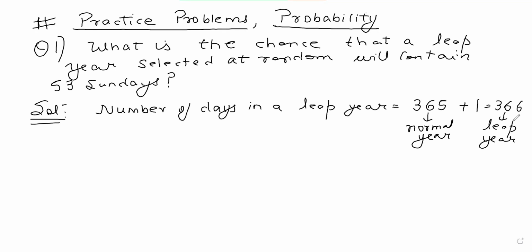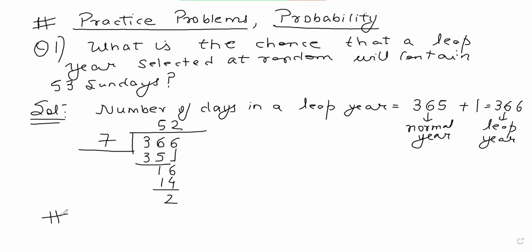Okay, now if I check this out in terms of number of weeks, how many total number of weeks do we have in a year? So if I divide 366 by 7, because a week contains 7 days. So 7 fives are 35 and 7 twos are 14.